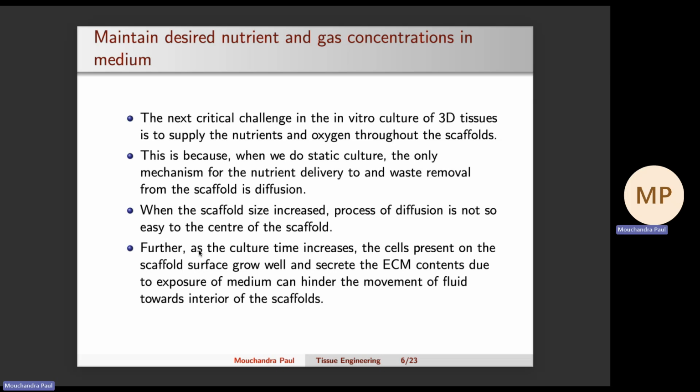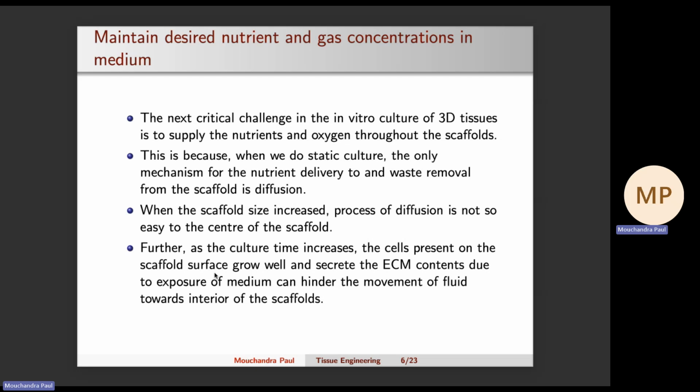Also, as the culture time increases, right? So if you're planning to culture for say 21 days or 30 days, it's a very long time, no? The cells that are there will also be active, or you'll be creating conditions that keep them alive. So during this time period, the cells will grow in number.